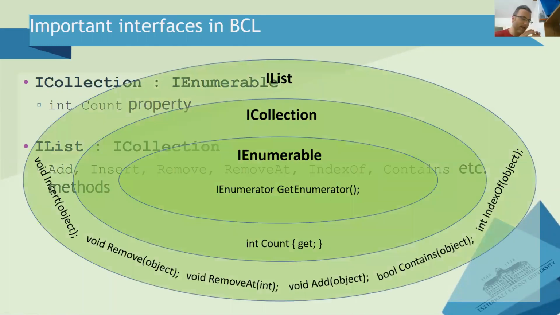I'm just trying to tell you that interfaces typically are built on top of each other and they extend each other. You know, this looks like the layers in an onion. So this is the overall picture of the interfaces. And in the .NET framework, this is what interfaces typically do.